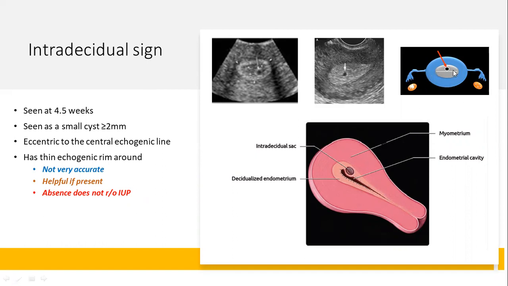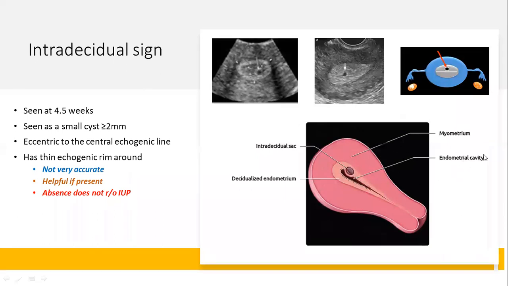This is our endometrial cavity, and this is the part of the endometrium where the implantation has taken place. It is seen as a small cystic structure, as we can also see here. This is our intradecidual sac sign.